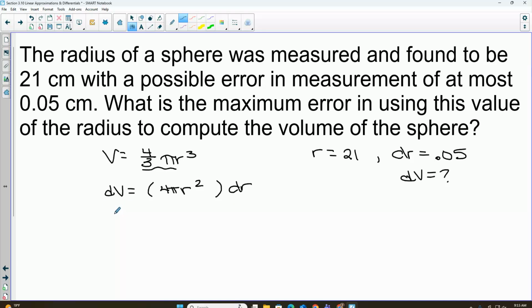So now we can plug in our stuff. dV is 4 pi times our radius, 21 squared, times our dr, which was 0.05. And this is going to be ugly enough. Let's go ahead and just multiply out the pi as well.